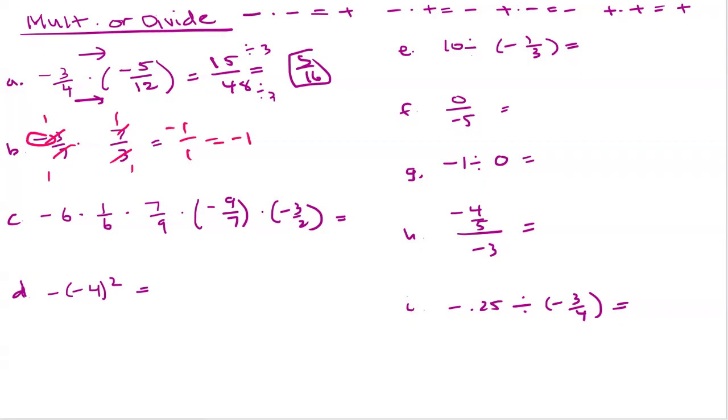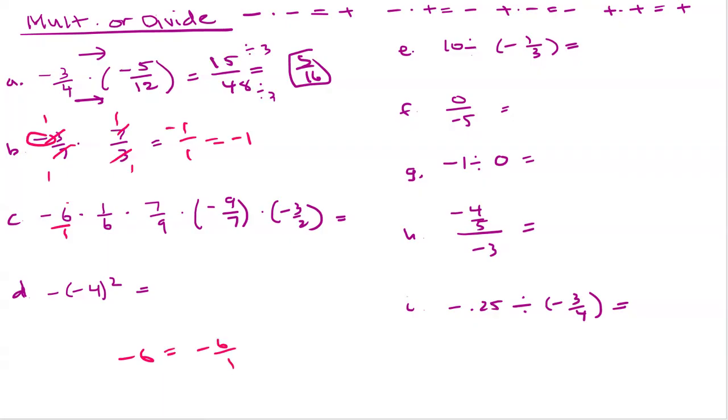Okay. And then for C, same thing. Again, I can multiply everything on the top and then multiply everything on the bottom, and I can get my answer. Also remember for negative 6 here, I can rewrite that as a negative 6 over 1. A negative 6 is the same thing as saying negative 6 over 1.